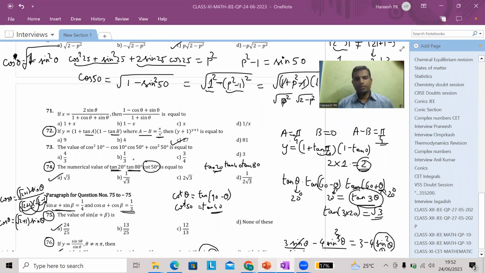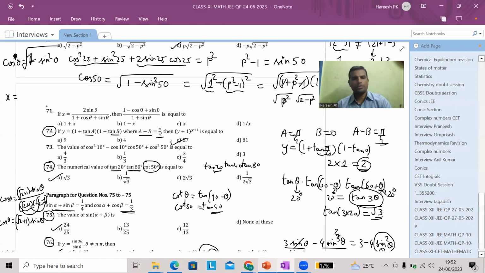So the leftover questions are question 71 and question 73. Now question 71, I feel an easy way to solve is to put any value for theta. Maybe you can put theta as 0 itself. So if you put theta as 0, you will get x as 0.